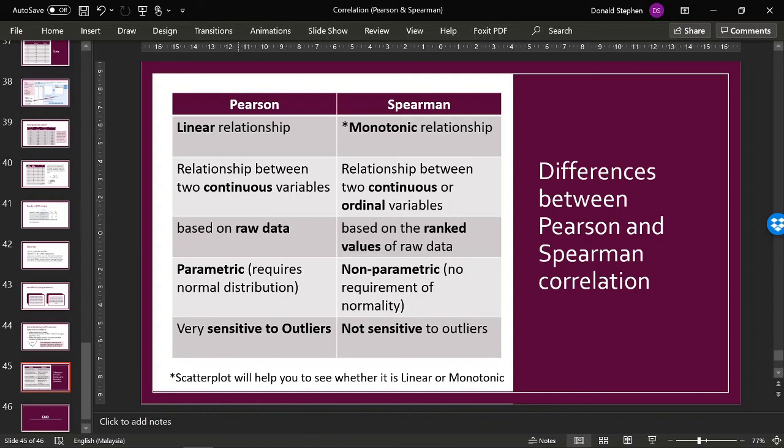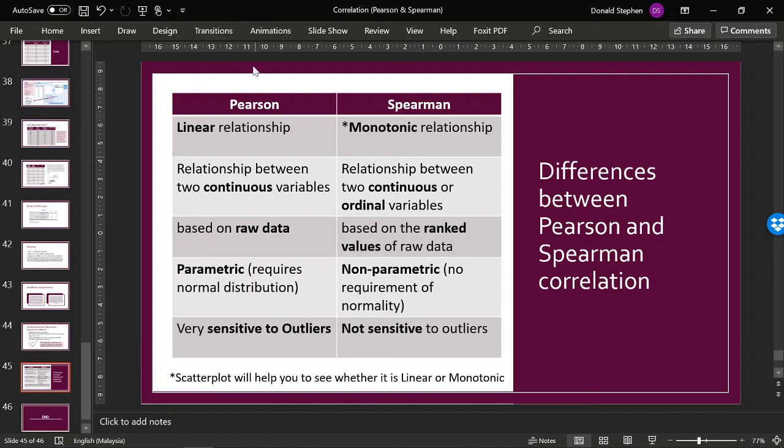So Pearson takes on your raw data. So that is why it is very sensitive to outliers. It doesn't rank the data first, unlike Spearman. So when you rank the data, then these outliers do not make any difference. So Spearman is not sensitive to outliers.